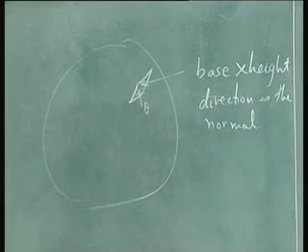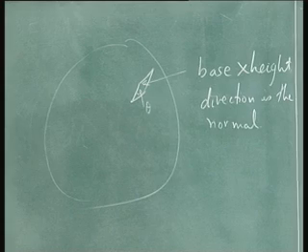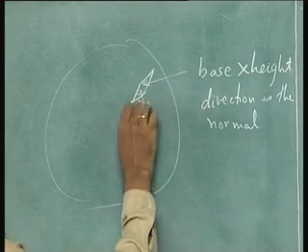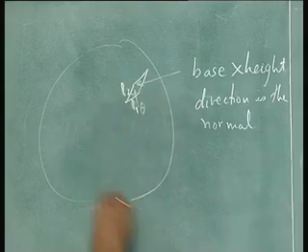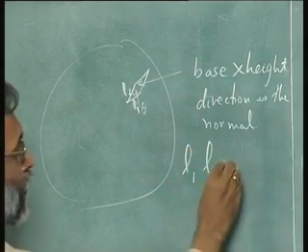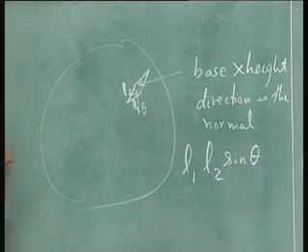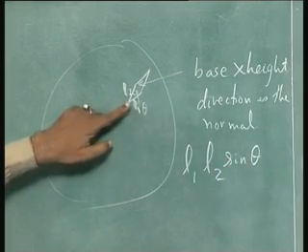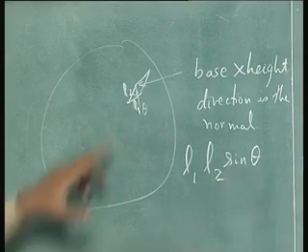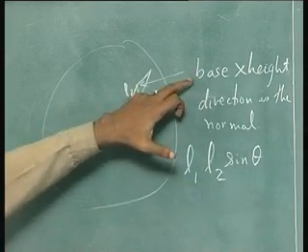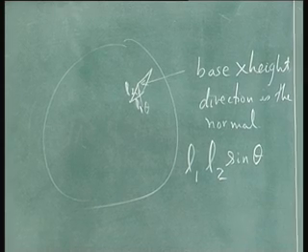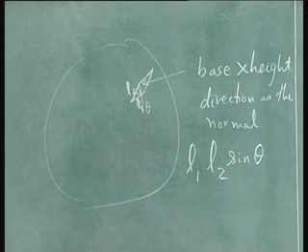That is what I want. But what do I mean by base into height? If this is L1 and this is L2, base into height is L1 L2 sin theta, because L2 sin theta is the height. So, base into L2 sin theta is the area, and the direction is perpendicular to both L1 and to L2.